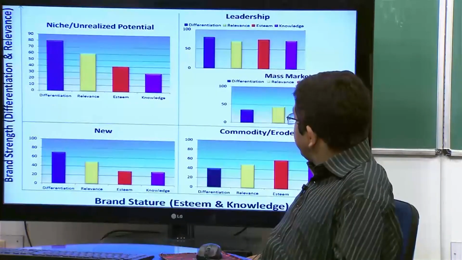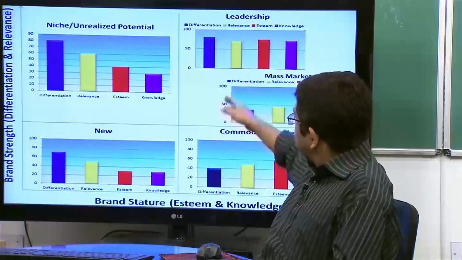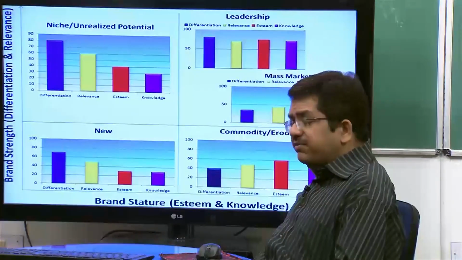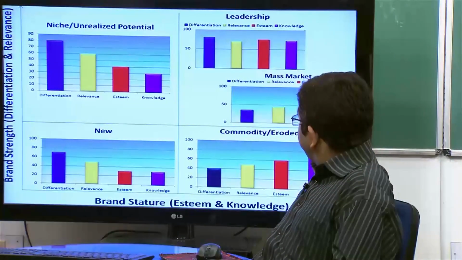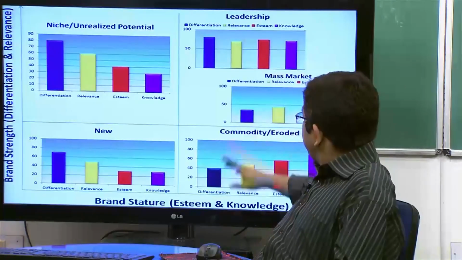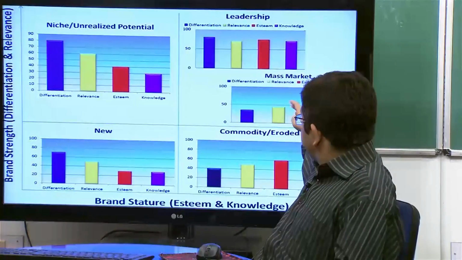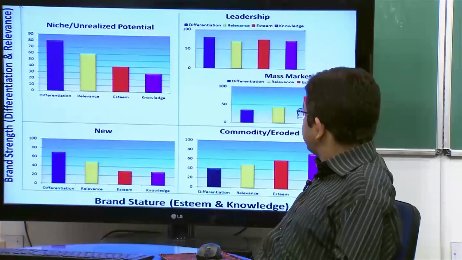Then you have the market leader brand, which is high on all the aspects. Differentiation, relevance, esteem and knowledge all are very high. This is a brand which holds a leadership position. And then you have a mass market brand, a brand which will slowly, eventually, lose its market relevance also.